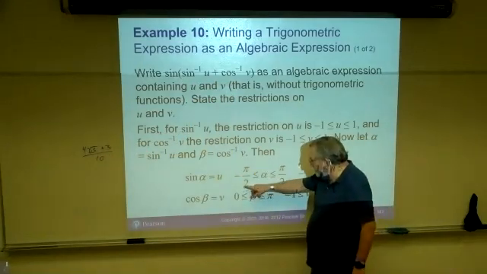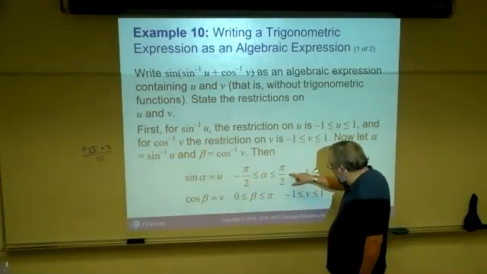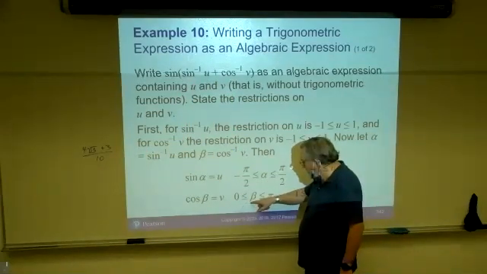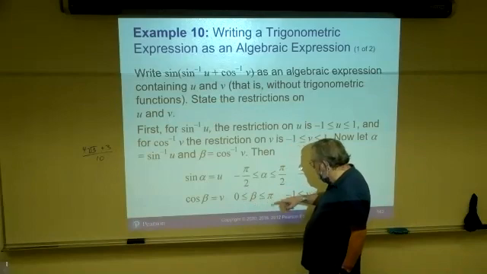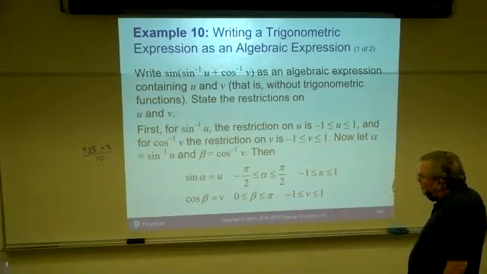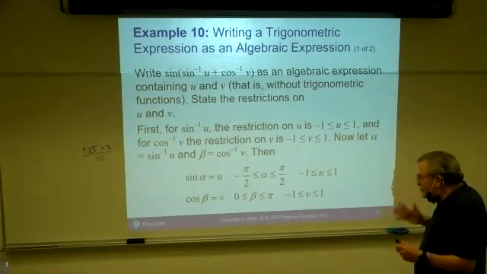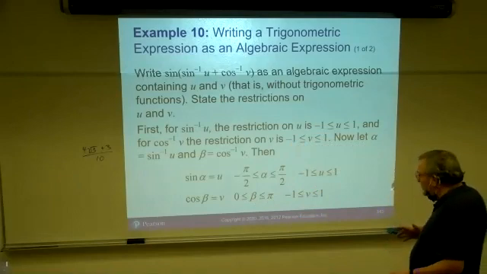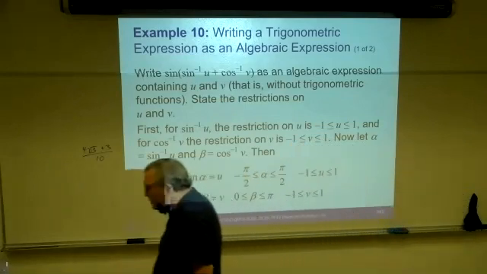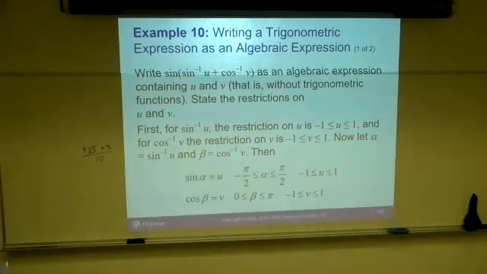Alpha is going to be restricted between -pi/2 and pi/2, and beta is going to be restricted from 0 to pi. Because since we're using the inverse functions, we're restricting our domain and range on both functions, the inverse and the trig function.